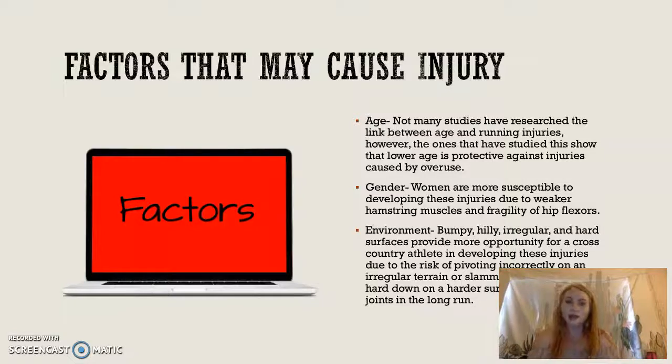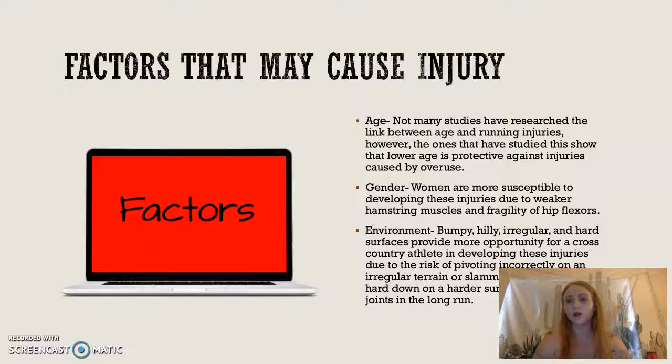Okay, so factors that may cause injury. There's not many studies linked to age and running injuries, but what I did find is that lower age, so younger people, are more protected against injury involving overuse of the muscles. So that makes sense.